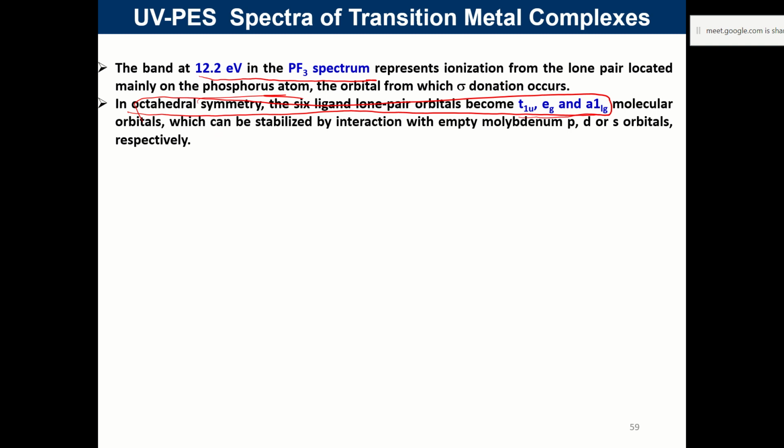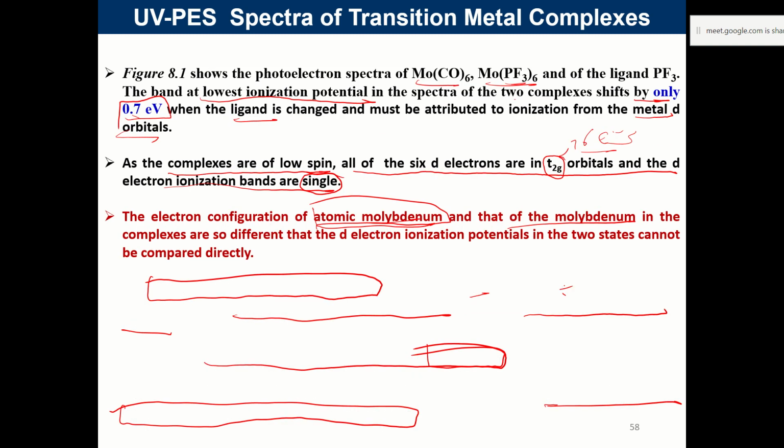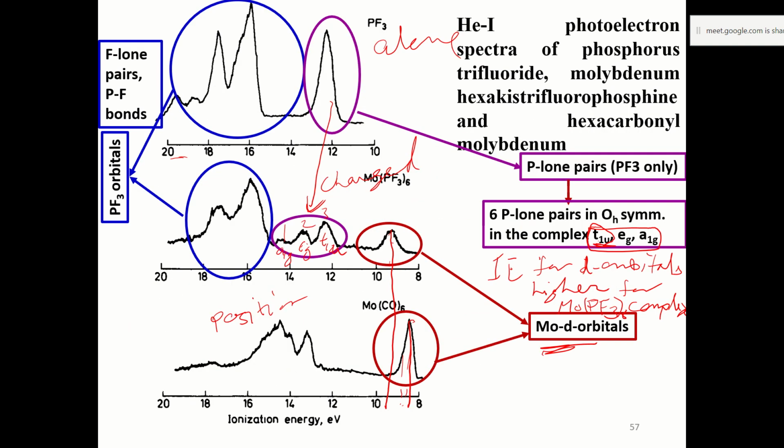So there are 6 ligand lone pair orbitals in 3 categories: one having T1U symmetry, 2 of them having EG symmetry, and one having A1G. They are stabilized by the interaction with molybdenum p, d or s orbitals. So this is one thing that we can see.